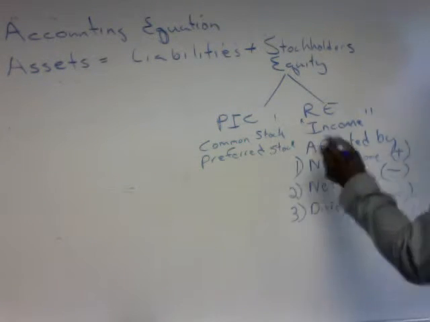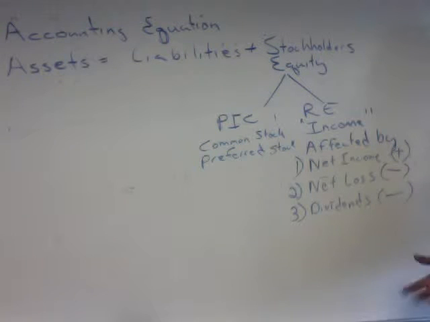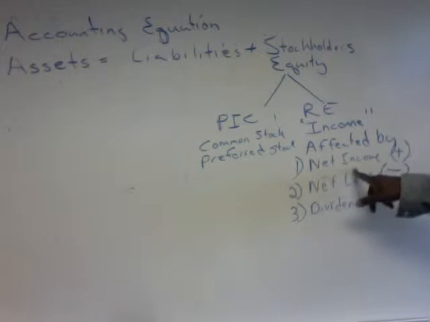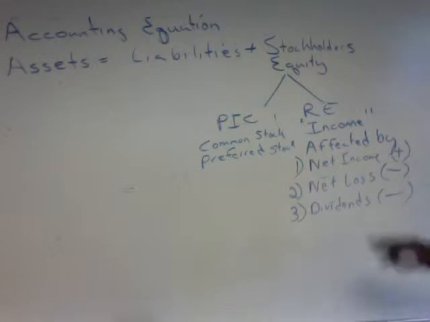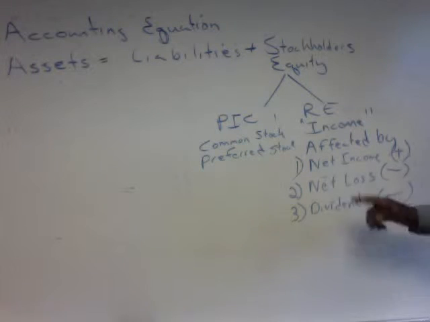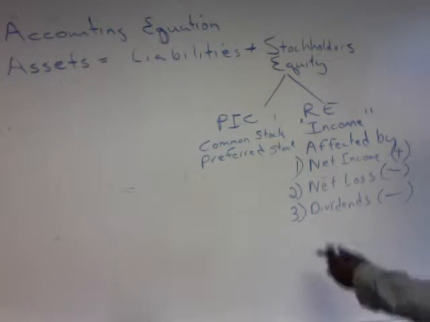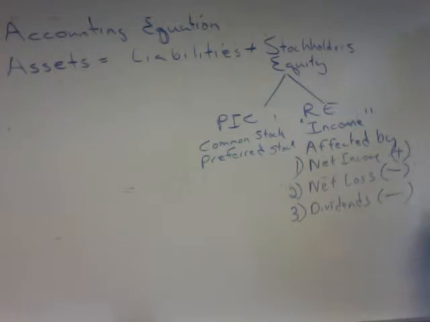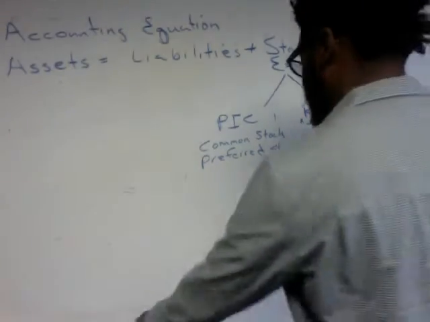Retained earnings, one word definition, is income, and it's affected by net income, net loss, and dividends. Net income is actually revenues larger than expenses for a period. Net losses are actually expenses larger than revenues for a period. And dividends is an account itself, and it affects retained earnings negatively. So this summarizes our accounting equation.